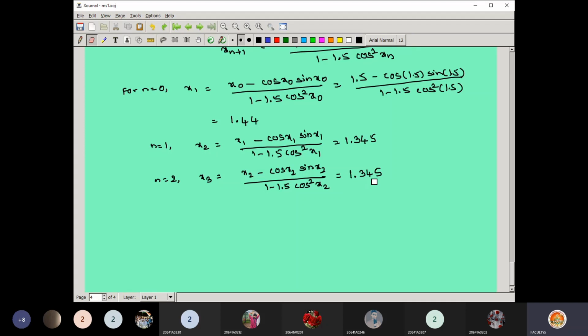Next minus cos x1, so it is cos of 1.345 bracket close, and sine is also 1.345, divided by 1 minus 1.5 into that cos value, cos of 1.345 close, and it is square button. So I'm getting the answer 1.218.